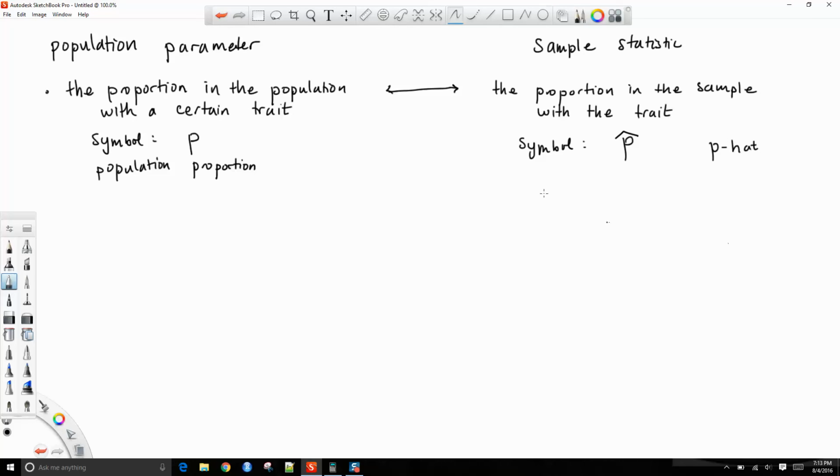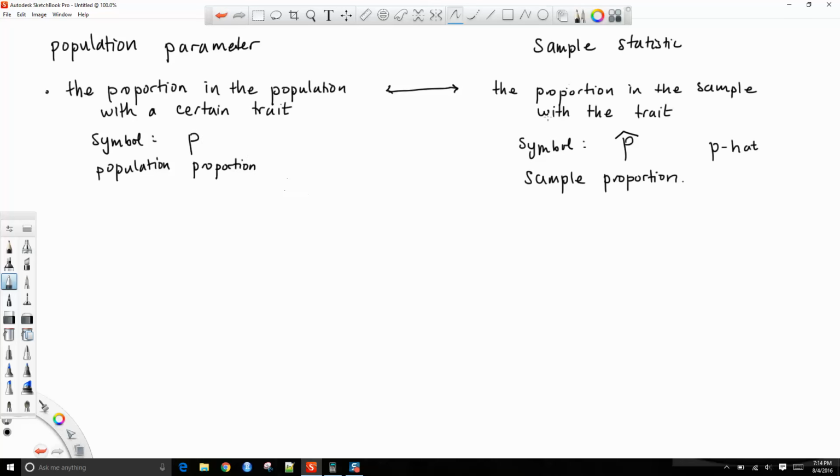Okay, and this would be the sample proportion. Don't get P and P hat mixed up. P hat represents, in this case, the sample proportion, and over here, the P is the population proportion. Okay.